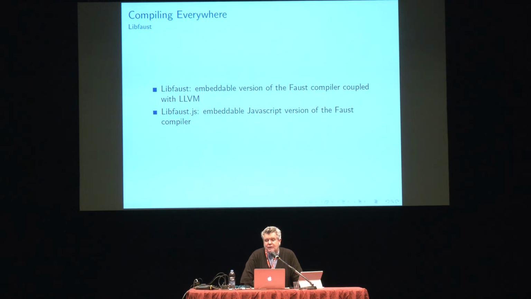This library version exists in two flavors, so to speak. One which is native code, and you can embed into your C++ program. And the other one is a JavaScript version of the library, that you can embed into your browser. That's the case with what we're running on the demo.